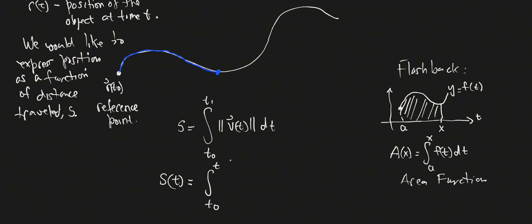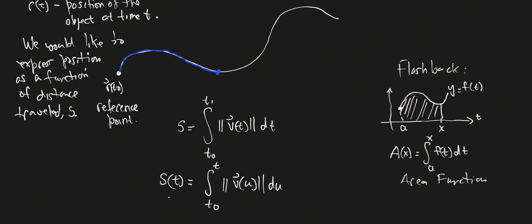Now, I don't want to use something like x, because we're using x to represent a coordinate in either 2-space or 3-space. And obviously I can't use s. s is already being used. I can't use t. So I'm going to use something like u, right? So I'm going to switch this and express my velocity in terms of u, and then I can change this to a du, right? So this way there is no conflict with the variables that are being used.